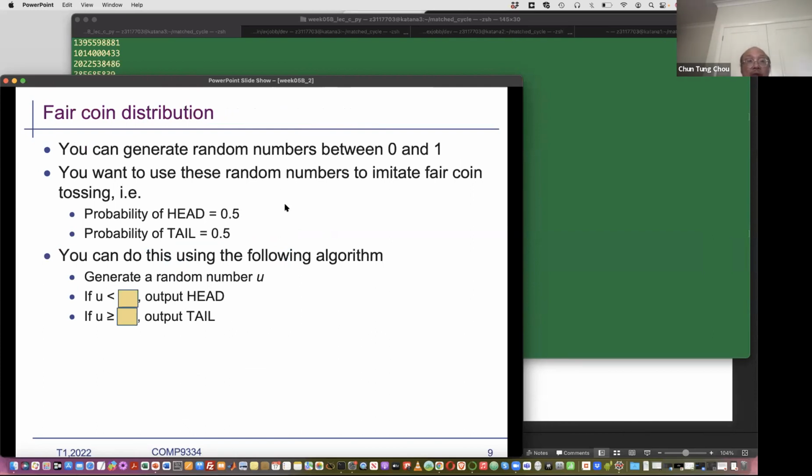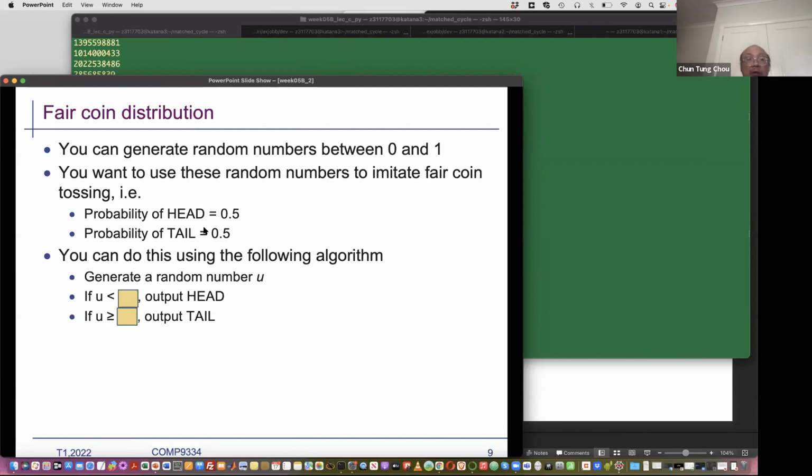Let's assume that you can generate random numbers between 0 and 1, and we want to use these random numbers to imitate a fair coin. A fair coin means the probability of a head is 0.5, and the probability of a tail is also 0.5. So you can have half a chance of getting a head and half a chance of getting a tail by just generating these random numbers.